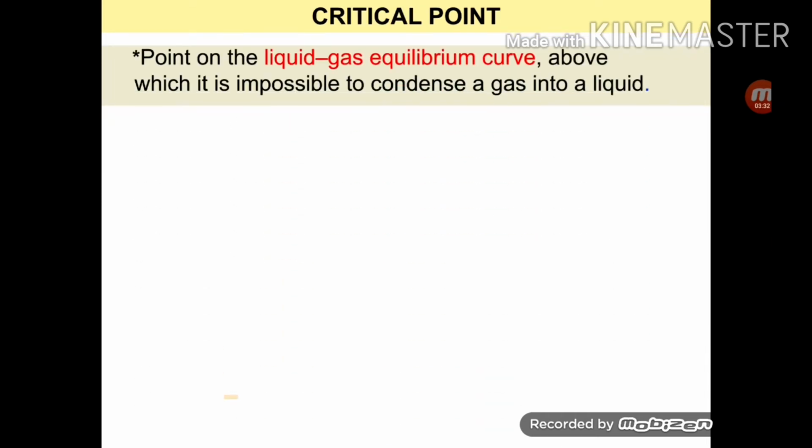Critical point. What is meant by critical point? The critical point is the point on the liquid-gas equilibrium curve above which it is impossible to condense a gas into a liquid.